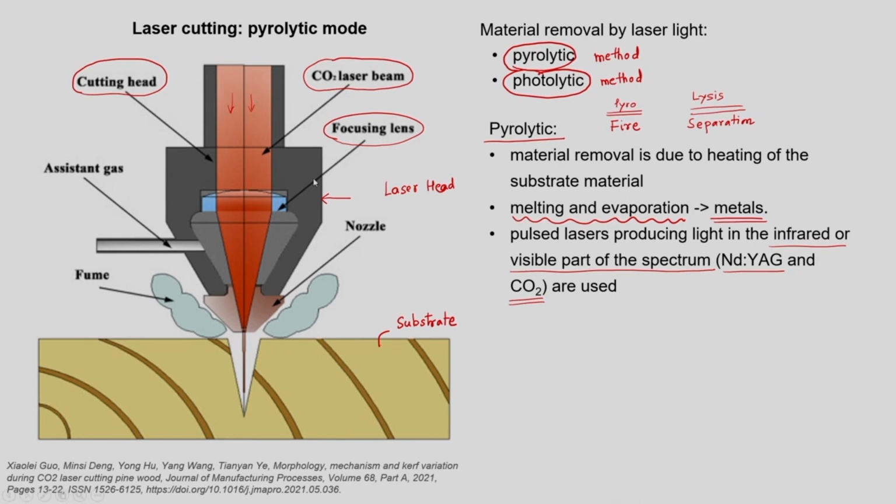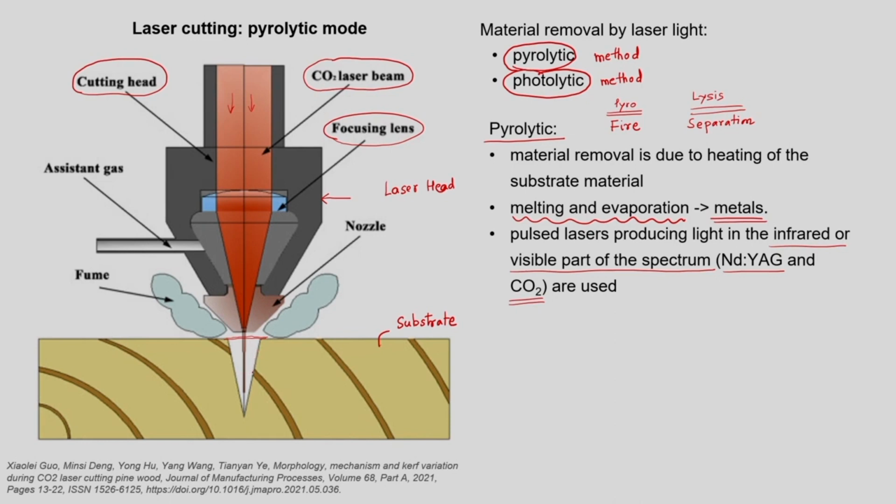This beam of light is impinged on the focusing lens, and through the focusing lens we get the focused beam which is applied on the substrate. Now, when the heating is carried out, a lot of material is melted and vaporized, and that molten or vaporized material has to be taken out from the site.